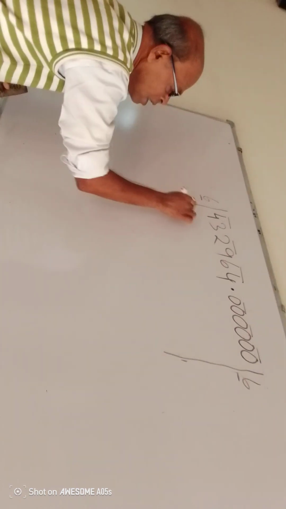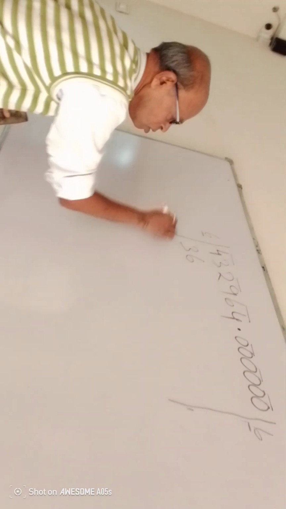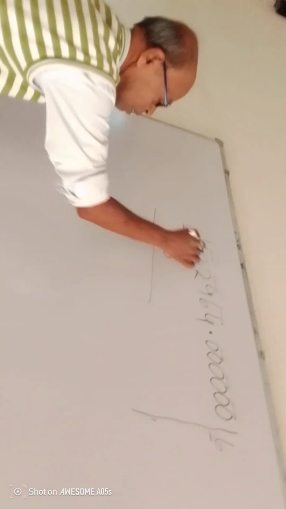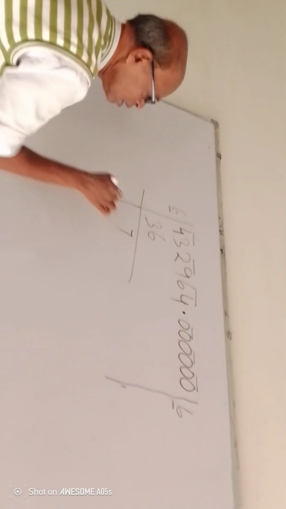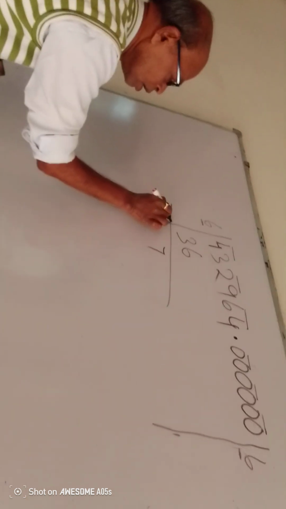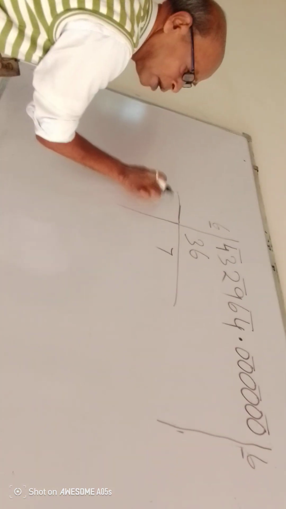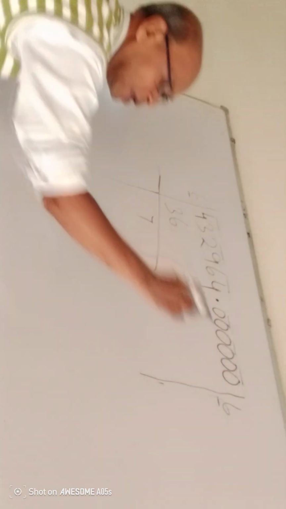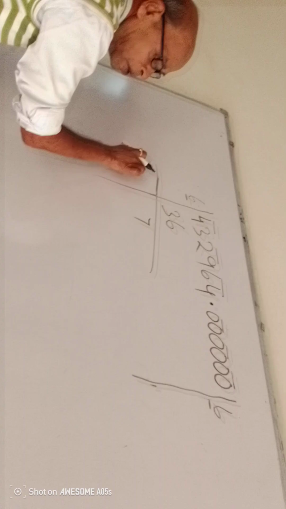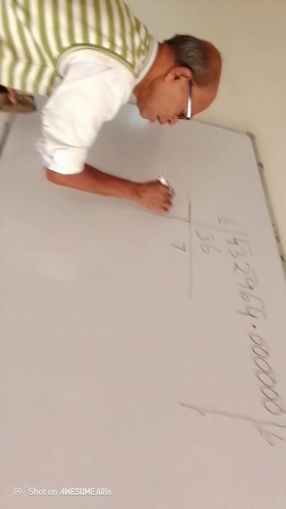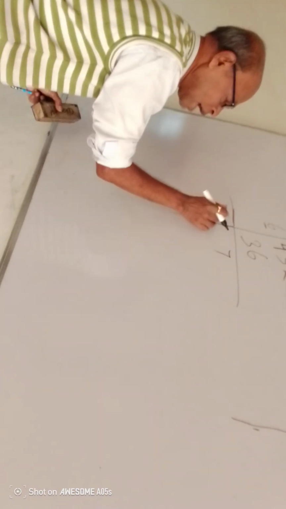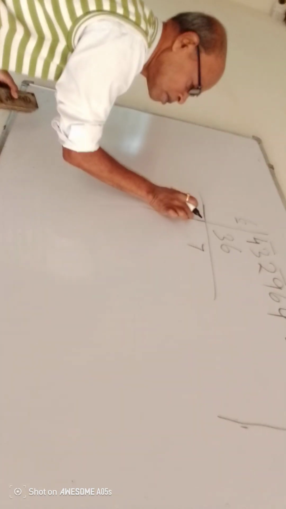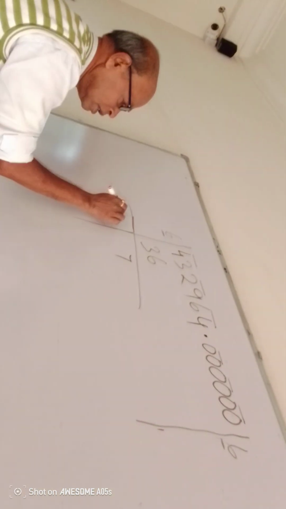Now 6 sixes are 36. Now you subtract. 43 minus 36 is 7. Now 7 is left. Now here we have to write a number. What number will we write? Here we have to take the double of this number. What is the double of 6? 12. And you have to write 12 by leaving some space from this line.